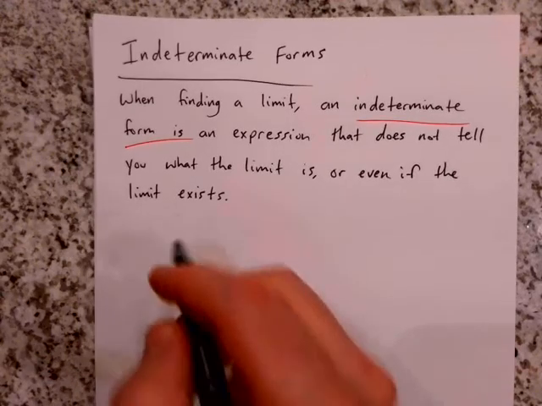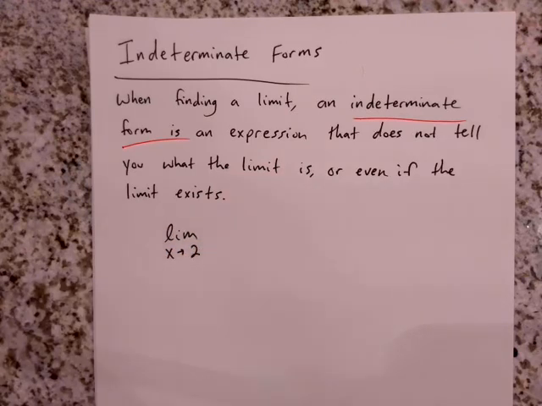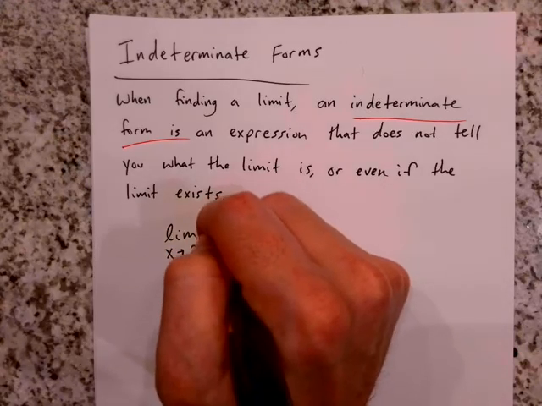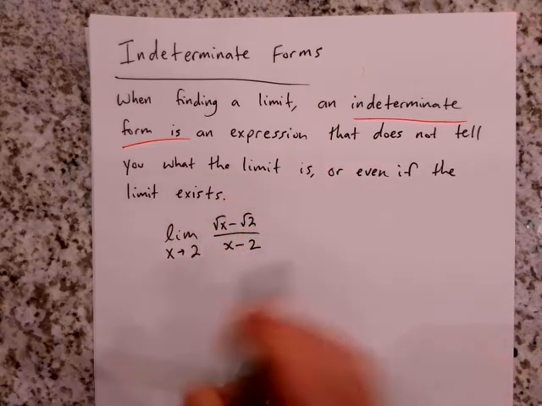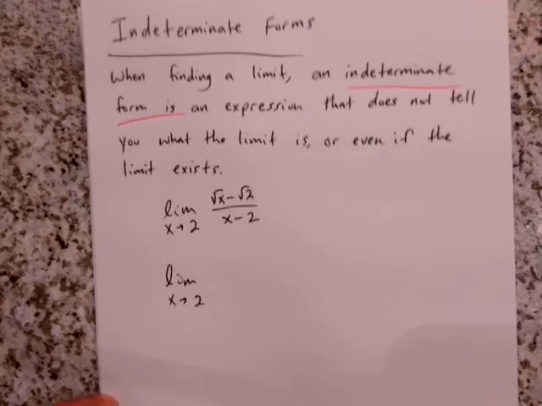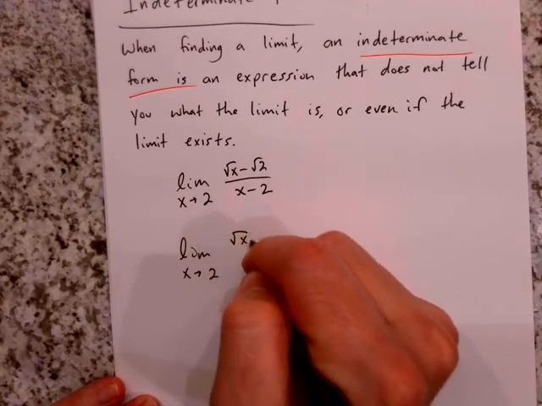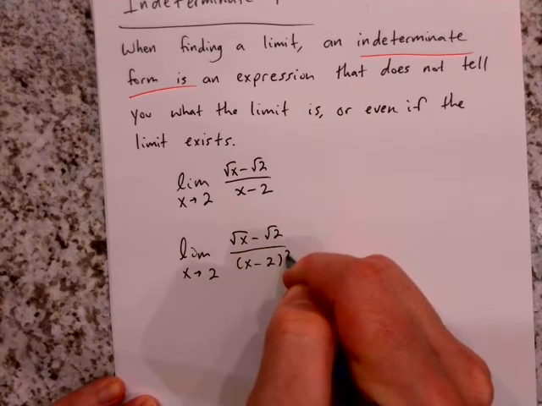For example, let's say we had the limit as x approaches 2 of (root x minus root 2) over (x minus 2). And let's say we had the limit as x approaches 2 of (root x minus root 2) over (x minus 2) squared.